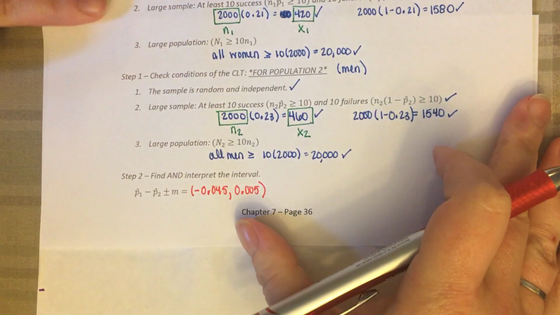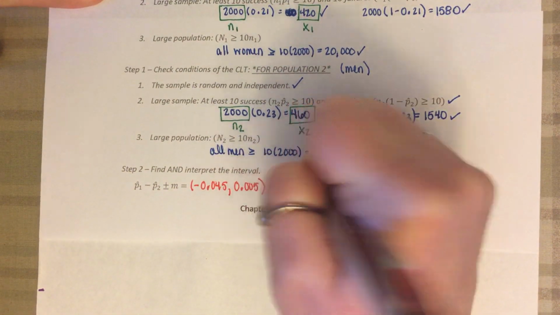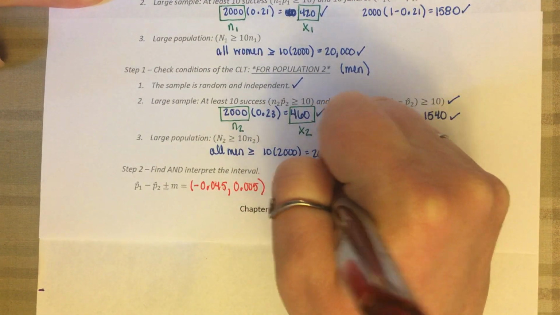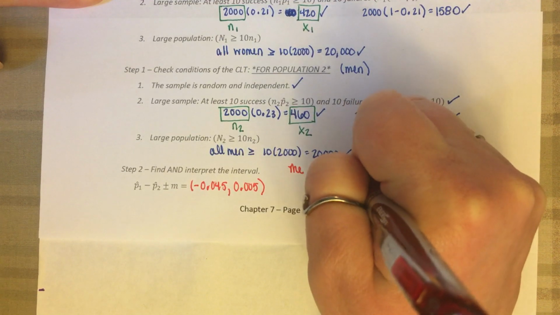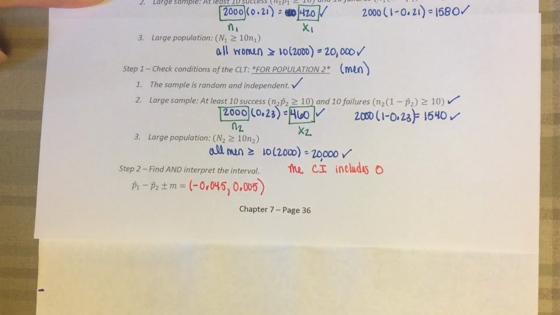Our interpretation: we're going to say the confidence interval includes 0. I'm just going to use CI to represent confidence interval.